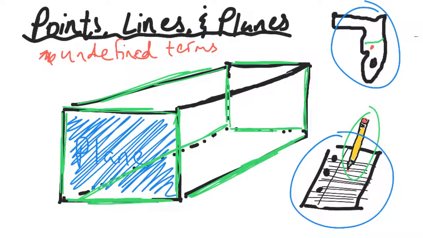Alrighty, so I see many planes, I see many lines, but what about points? Can you guys find any points on that rectangular prism or that box? Maybe you can, maybe you're not sure, but I think I see one right here. Where all those lines intersect, we totally have a point.